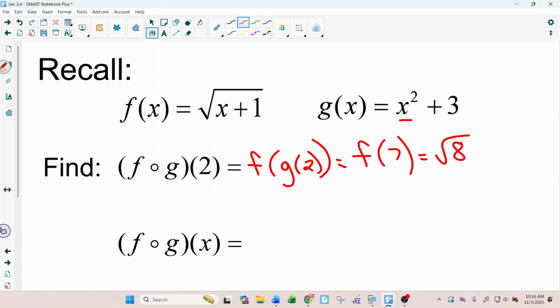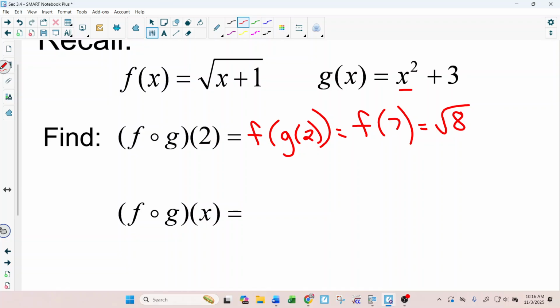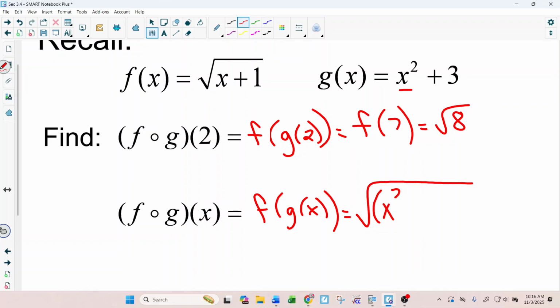Or we'd look at this as a function and say, what is f of g of x? This is how it's going to connect with what we're doing today. We put the whole function inside for x, and we get the square root of x squared plus 3 plus 1, which is the square root of x squared plus 4.